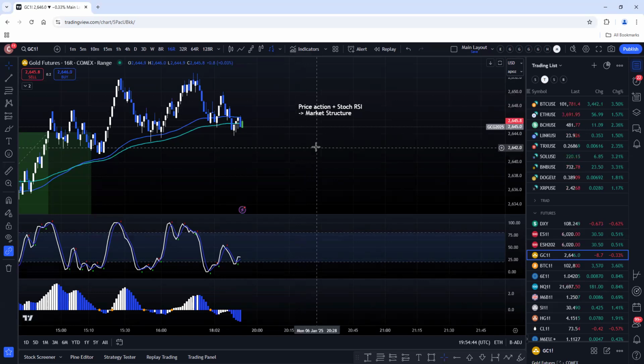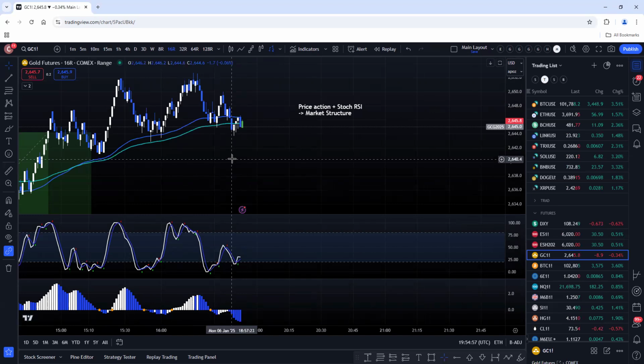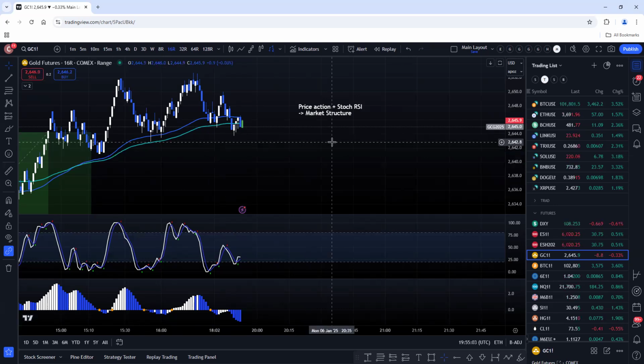Just as a distinction, and to maybe avoid confusion if you've seen that term before. Mine I use a little bit differently because I'm accounting for the stochastic momentum indicator in terms of how I think about what the market's doing and how it's behaving right now. I don't solely look at price.